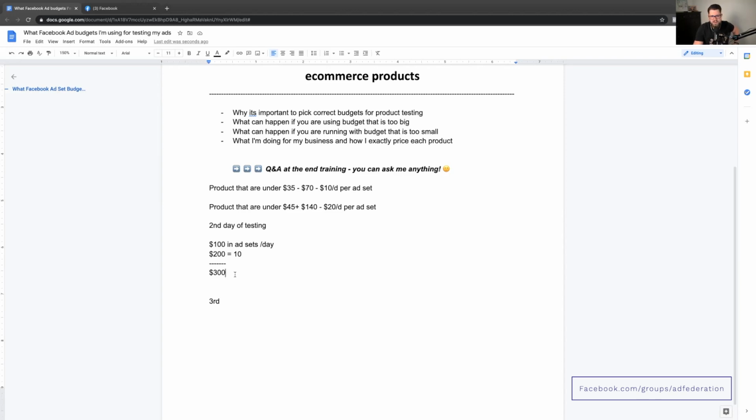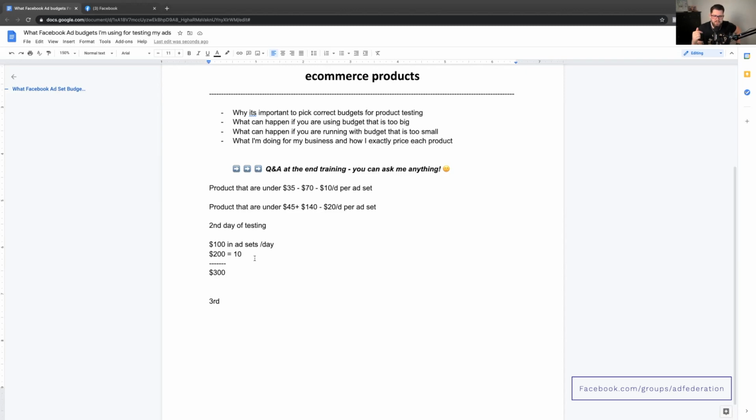It's okay if on the second day you end up at 1.5 or 1.6. It's fine. It's still optimizing, and the creative that you are running still doesn't have enough comments and all that social proof, which will really boost the product itself. So if you still end up at 1.5, it's fine, and you can continue to the third day.